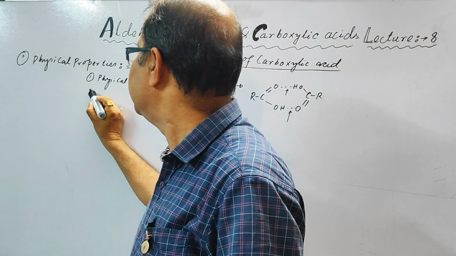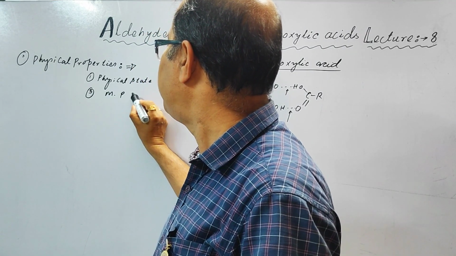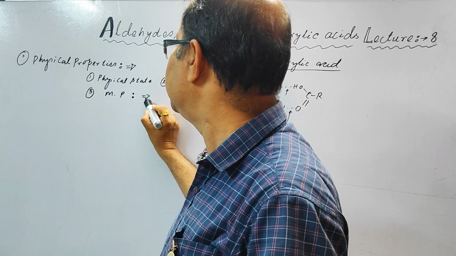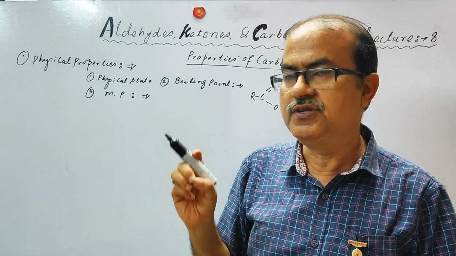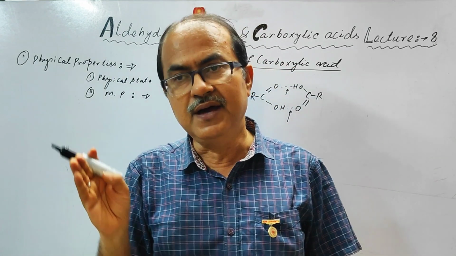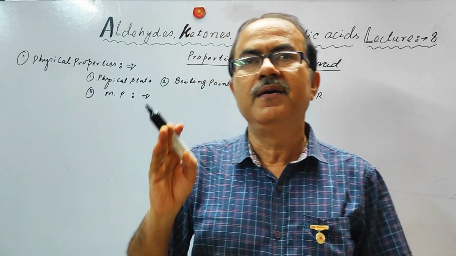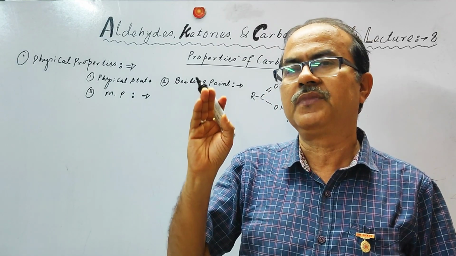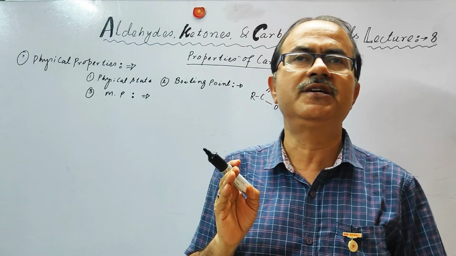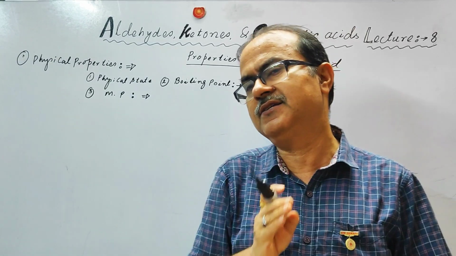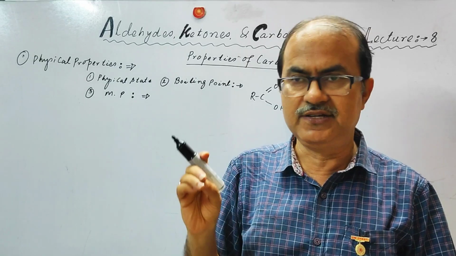Third point, an important point, that is the melting point. The melting point of the carboxylic acid having an even number of carbon atoms is higher than the next higher and lower carboxylic acid, because in the even-numbered carboxylic acid, the structure is symmetric, and due to this symmetric structure, it is well packed in the solid state.